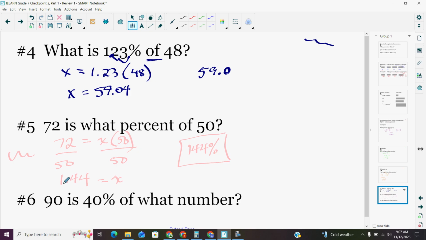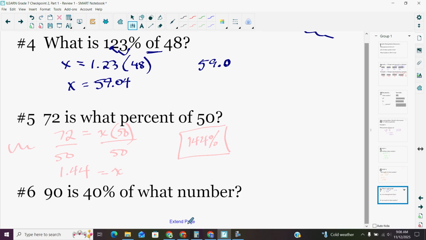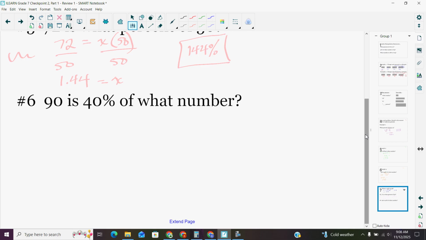Had we left it as 1.44, 72 is 1% of 50. That's 1% of 50 would be super small. 144%. It's more than 100% because it's bigger than 50. It's 100% of 50 plus 44% more than that. Hopefully you can see that light pink.